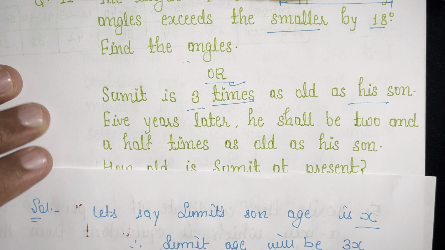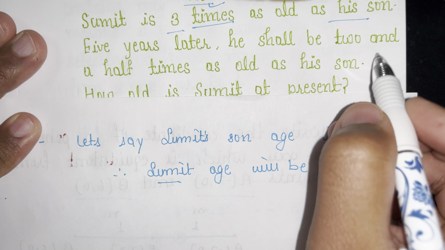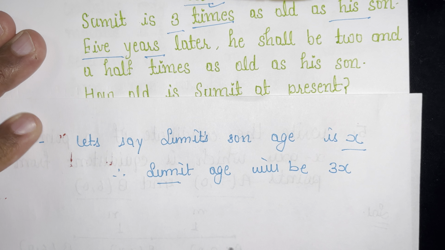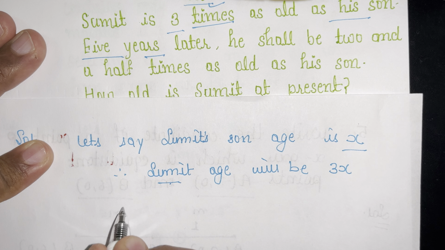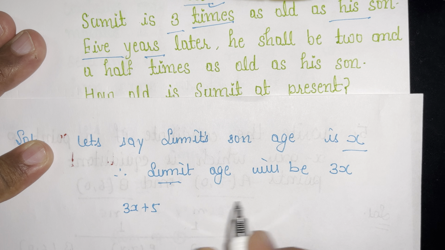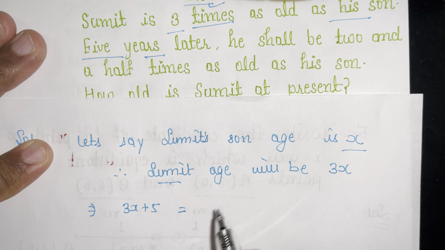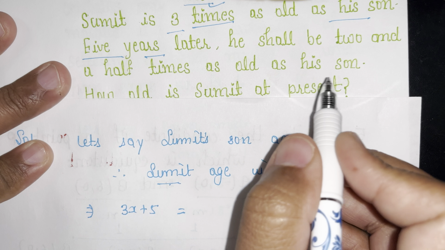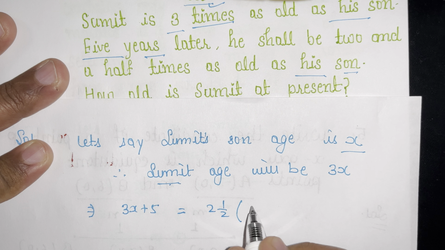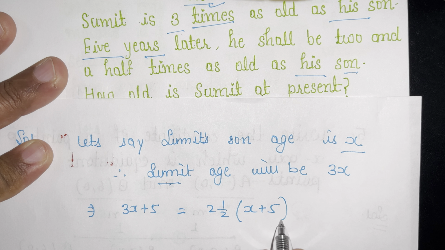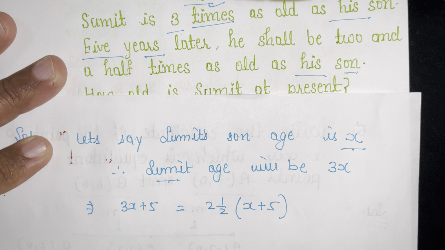Now the next part says 5 years later. So that means 5 years later Sumit shall be 3x plus 5, his present age plus 5 years. That will be 2.5 times his son's age. His son is X today, so 5 years later his son's age will be X plus 5.